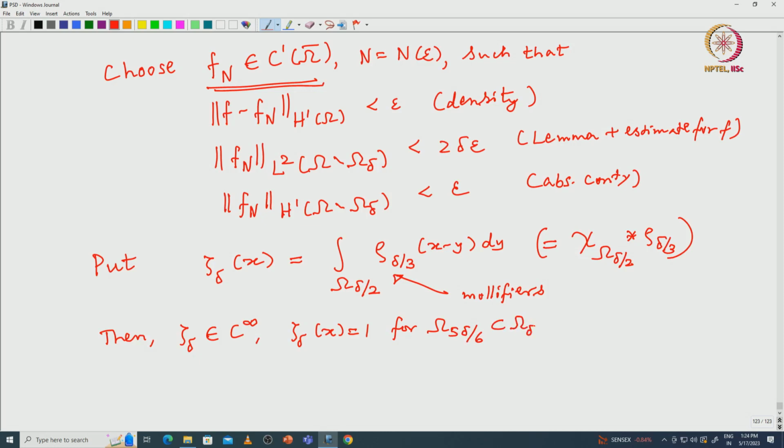We can fix some other coefficient there, that is not important, but finally it has to be 1 in this omega delta, and j delta of x is 0 for x not in omega, something delta by 6. So, the important thing is this j delta has compact support.